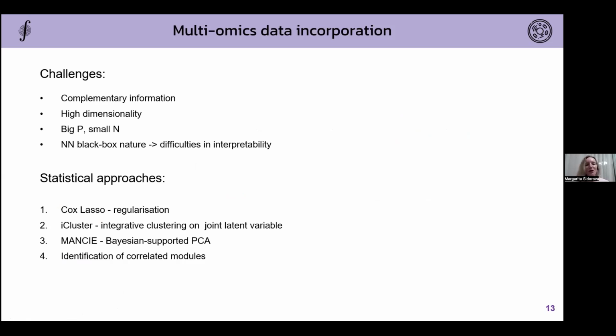Well, right now, let's talk about maybe the most interesting and however complicated part, the integration of multi-omics data in survival analysis.